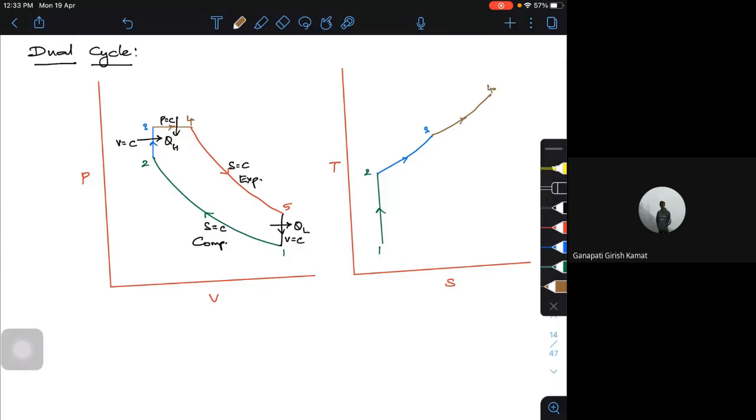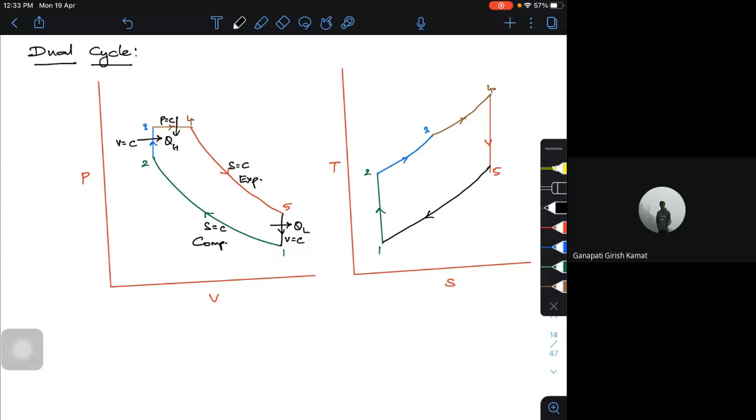Then we have the expansion process from 4 to 5. Then we have the constant volume heat rejection process. So this is your TS diagram for a dual combustion cycle.